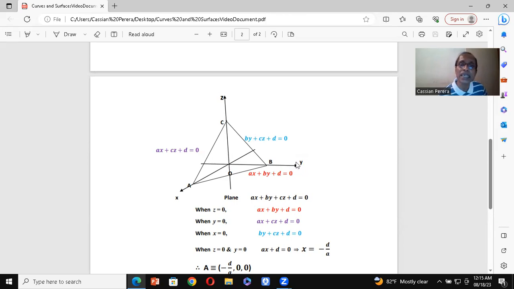The YZ plane means x equals 0, and the other plane is ax plus by plus cz plus d equals 0. When x equals 0 and you put x equals 0 here, it becomes by plus cz plus d equals 0.